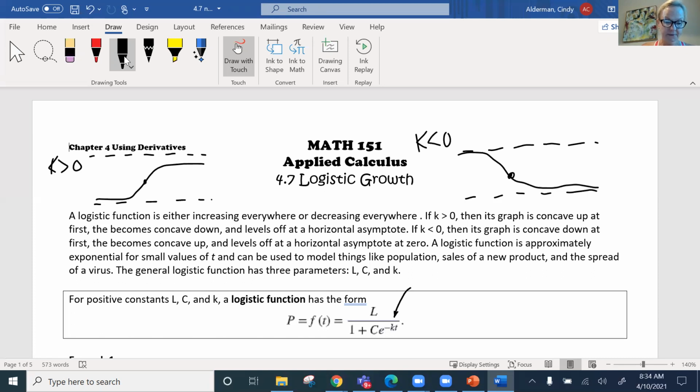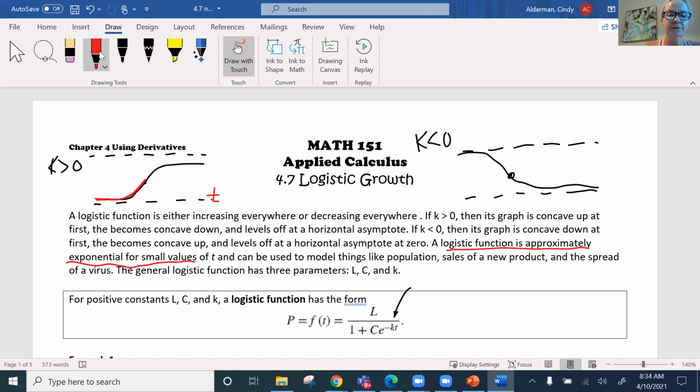Okay, and basically that's what it says here. So here where it says, a logistic function is approximately exponential for small values of t. So if this is t, the horizontal axis, the smaller values of t follow pretty much an exponential graph.